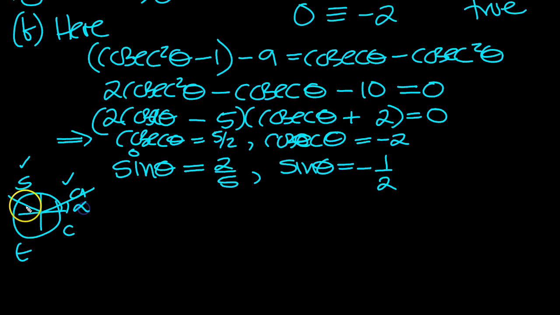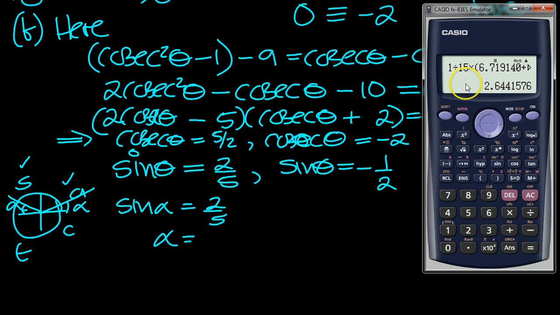Mark off alpha, the associated acute angle to the horizontal, and simply write sine alpha equals this value and drop a minus if there is one to drop. Alpha is shift sine of 2/5 or 0.4. We need to be in degrees mode, so let's make sure we are. Yep. So shift sine of 0.4, 2/5, is 23.6 degrees.